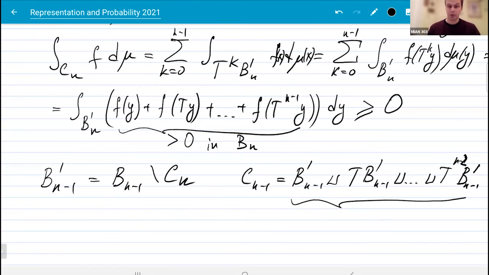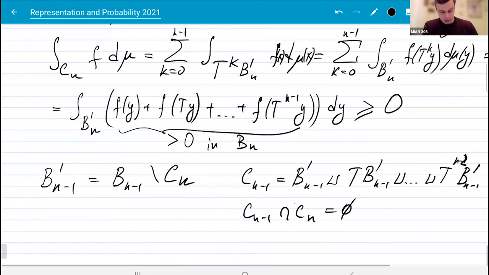and it's important to state that this again belongs to the union of these levels. So the first level belongs to Bn minus 1, and the rest belongs to the B's with even smaller numbers. But nevertheless, I want to say that Cn minus 1 does not intersect with Cn.